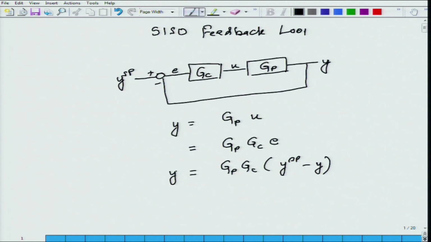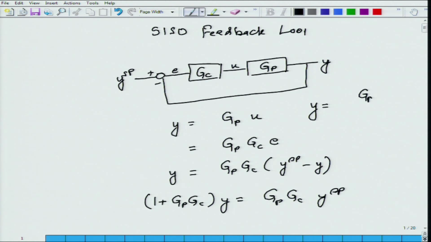Now if you take y to the left hand side, what you will get is (1 plus Gp Gc) times y is equal to Gp Gc y set point, and what this gives is y is equal to Gp Gc divided by 1 plus Gp Gc, times y set point.